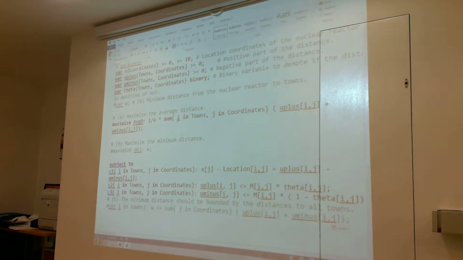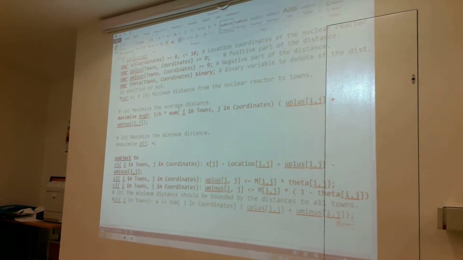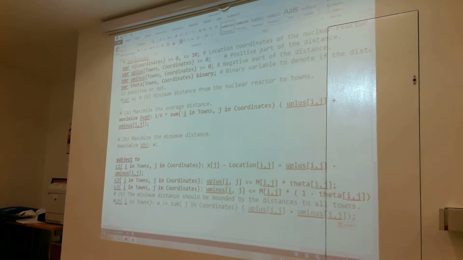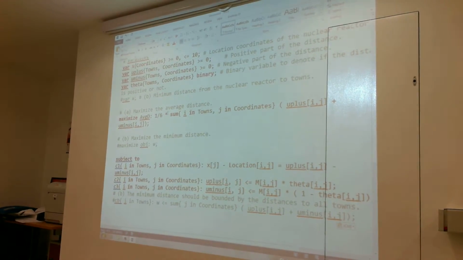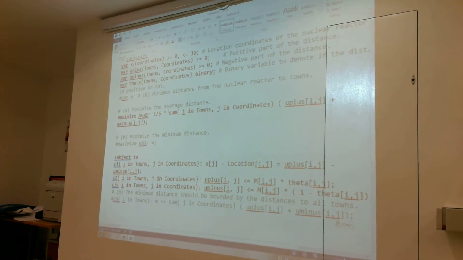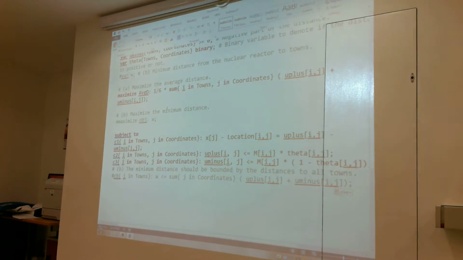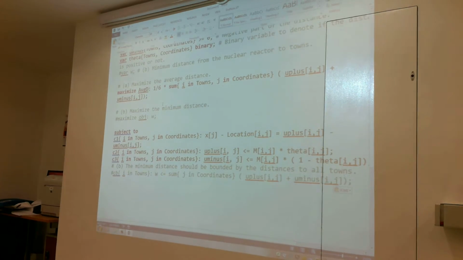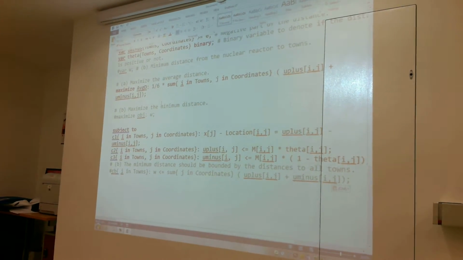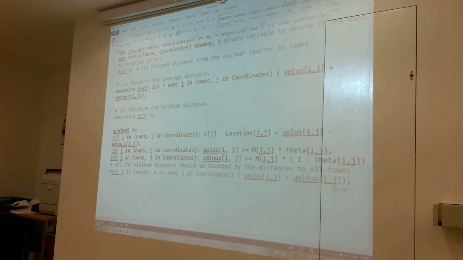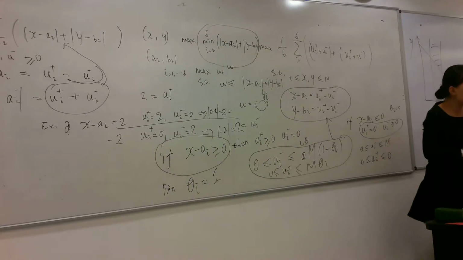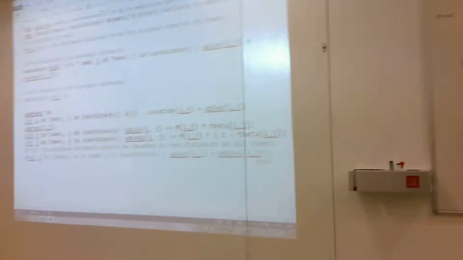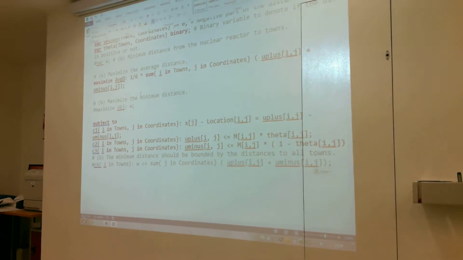And if we check the objective, that's exactly what we wrote on the blackboard. So 1/6 multiplied by the total distance, right? And when you check the first constraint, is that one. So how do we define our new variables, the positive part and negative part?